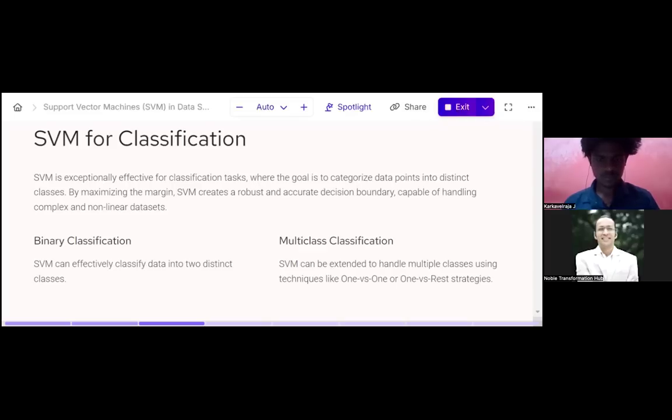Binary is what? Bi means two. If you understand the basic nature of a particular word, SVM can be extended to handle multiple classes using techniques like one versus one or one versus rest strategies.